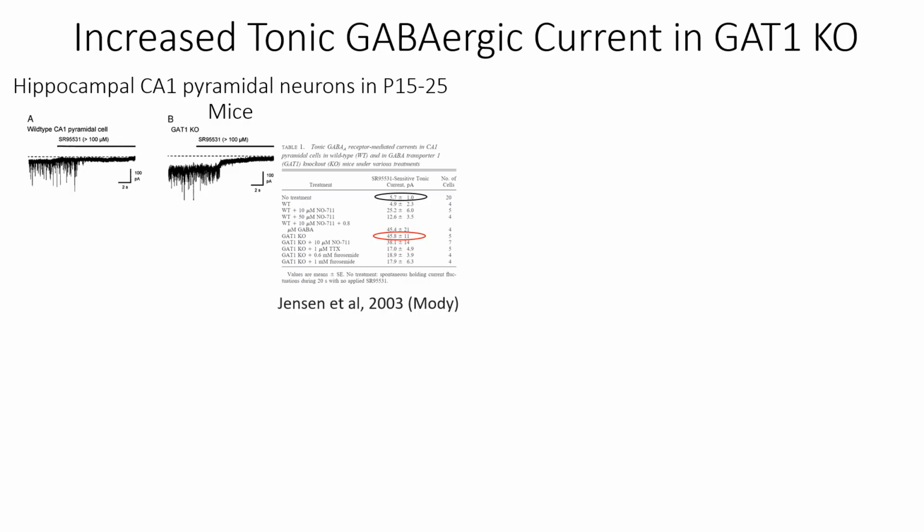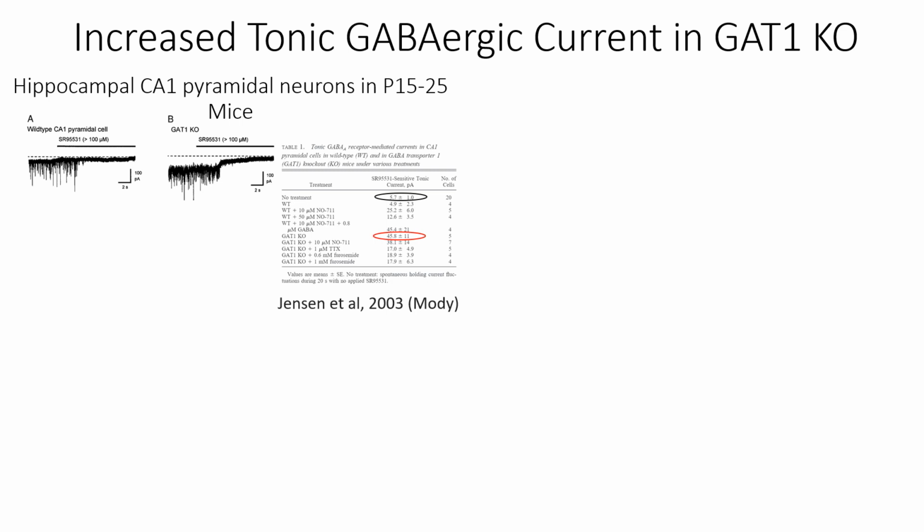And so one of the things that was observed in this mouse was an increased tonic GABAergic current. So again, as I showed you at the very beginning, that would be the activation of those extrasynaptic receptors. So similarly to what I showed you, in this study, they basically just applied a drug that blocks GABA-A receptors, and they saw a shift in the baseline for these neurons.